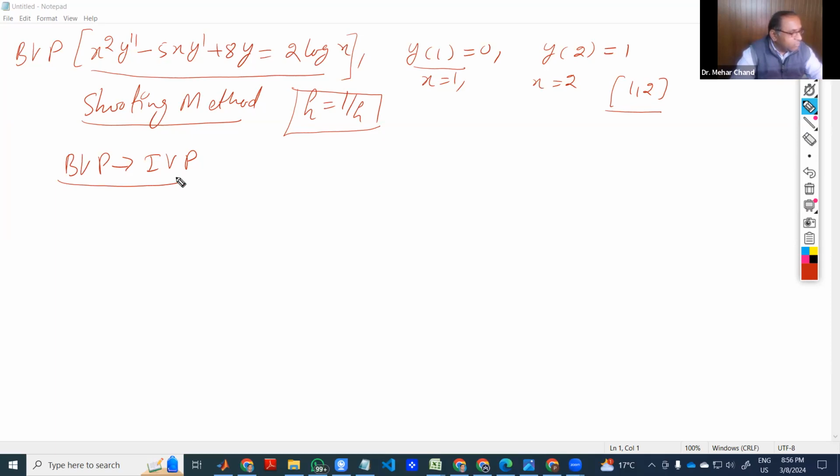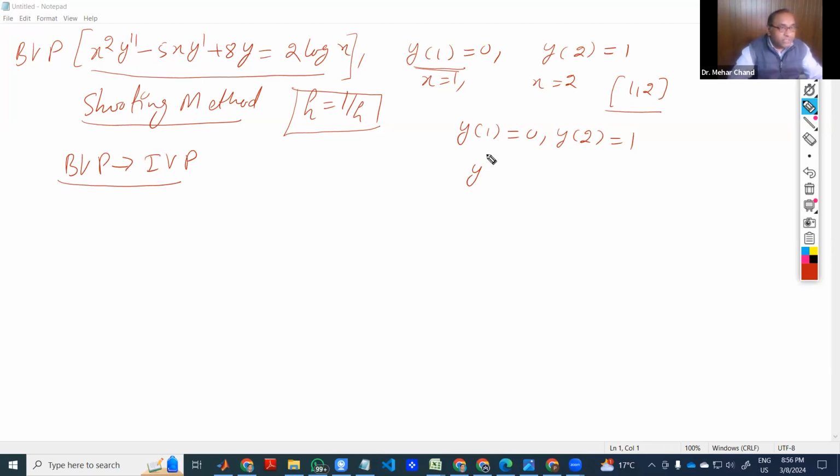Along with converting the equation, we need to convert the given conditions, y(1) equal to 0 and y(2) equal to 1, from boundary conditions into initial conditions, and you see that this equation is second order.